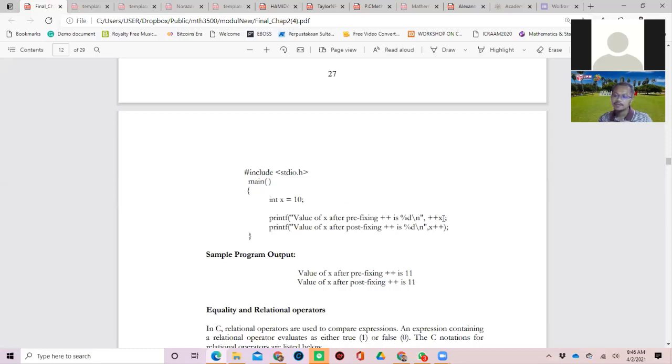Because of the plus plus earlier. So 11 at the bottom here, 11 plus, what is 11 plus? 11. Why 11? You must understand, don't just say it. So x plus is post.